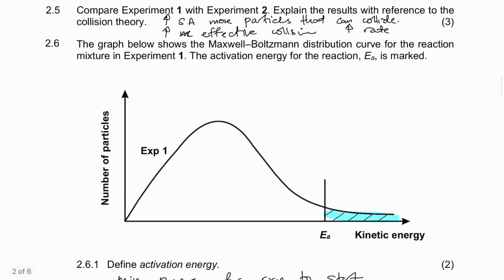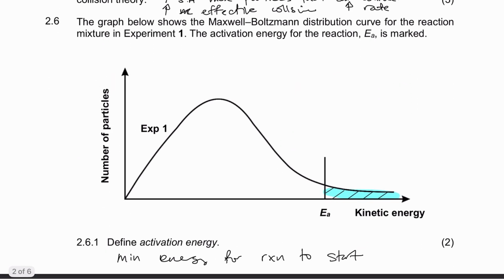Now, when you are comparing Maxwell Boltzmann curves for concentration, the change in the graph is only going to be with respect to the size of the graph. So a higher concentration, like in experiment 3, is simply going to make the graph larger. It's not going to shift it in any direction. So experiment 3 will literally just look like this.